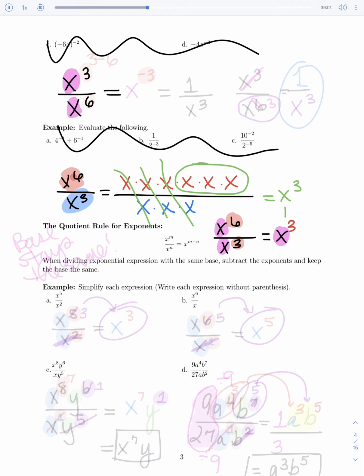So you'd have your base of x, but this time when you subtract, notice what happens. You'd have 3 minus 6. Well, 3 minus 6 is actually a negative 3.